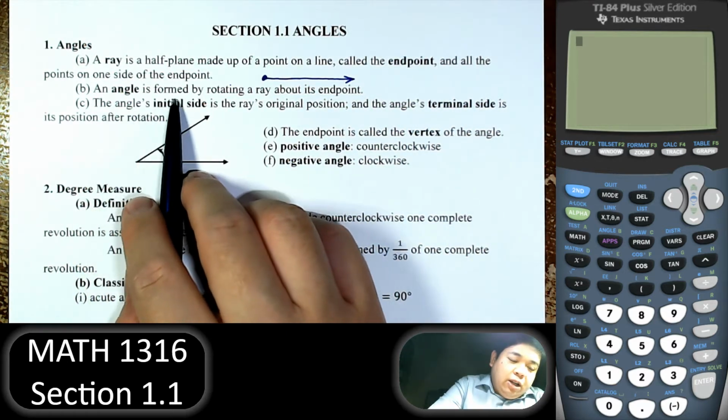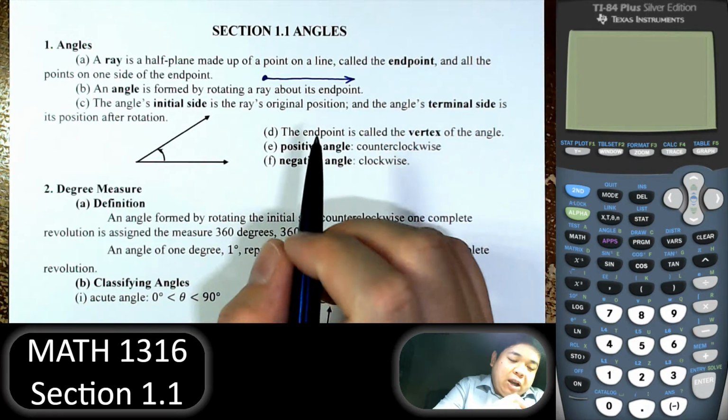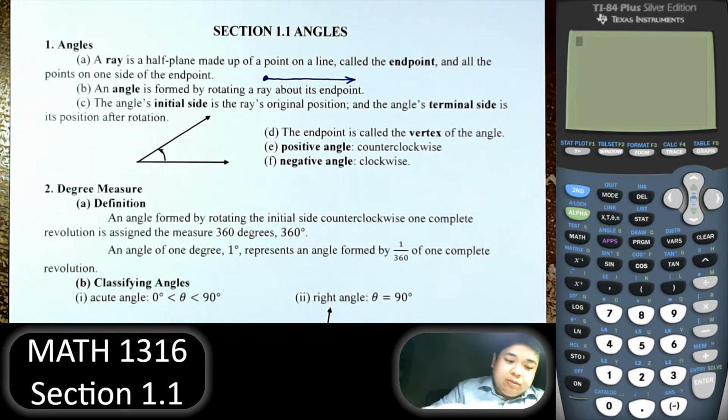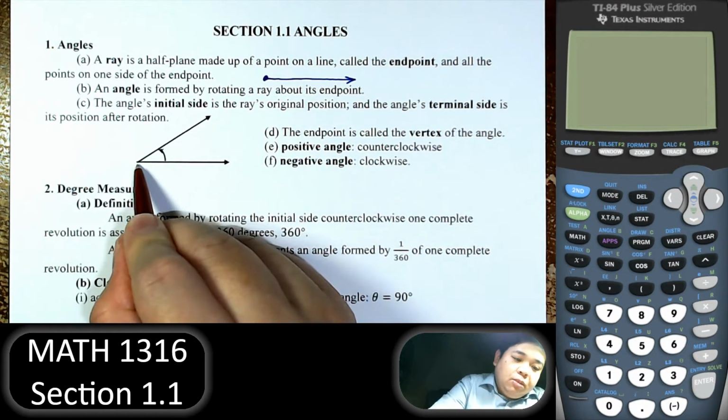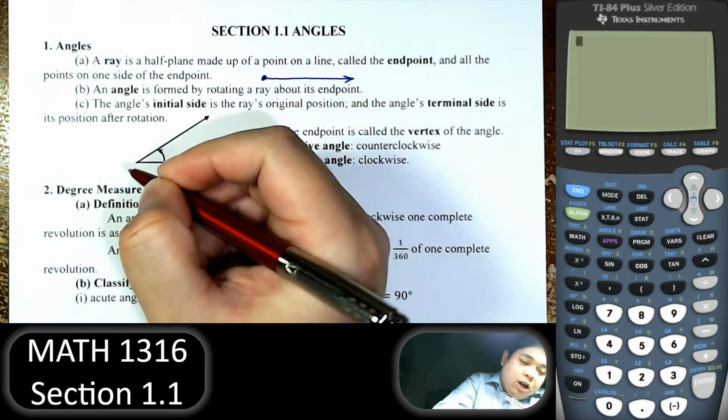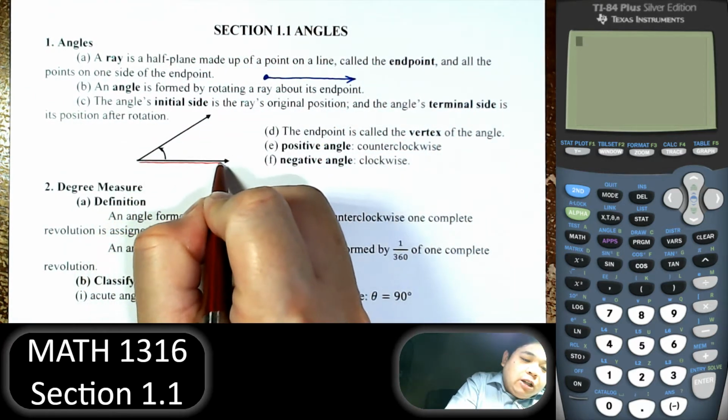An angle is formed by rotating a ray about its end point. So we have one ray, and we rotate that. The first one is called the initial side. So initially we have one ray, this one.